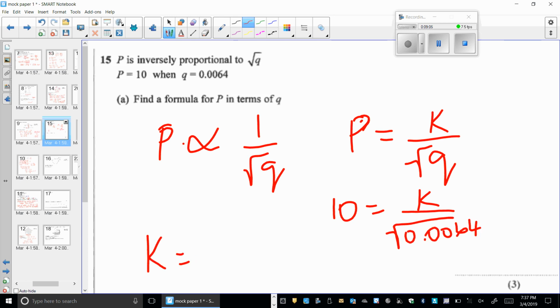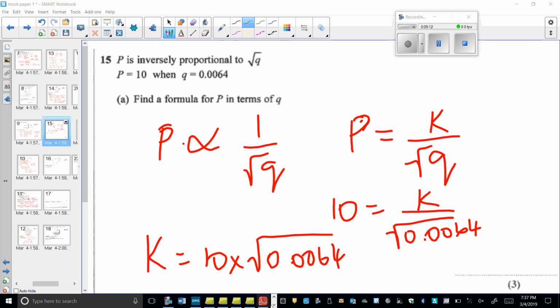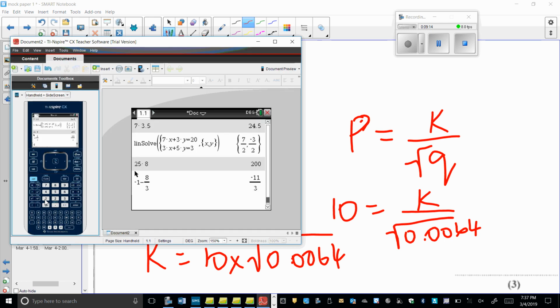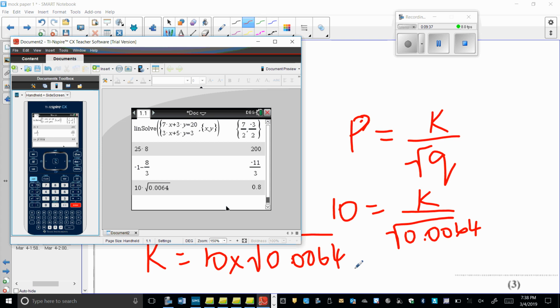So K would be 10 multiplied by the square root of 4, so 0.8.